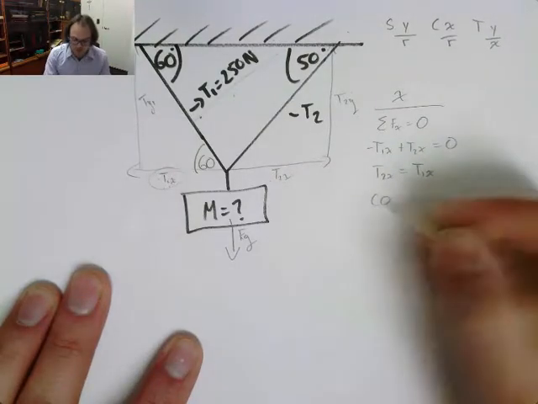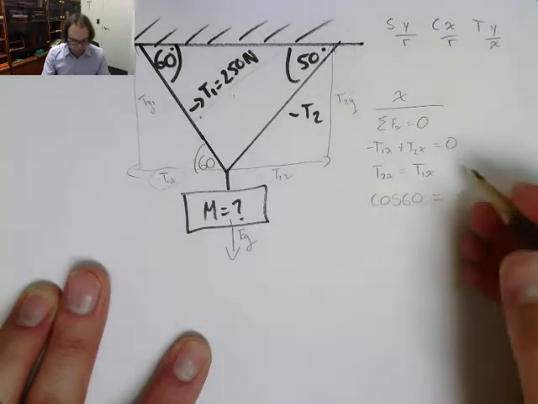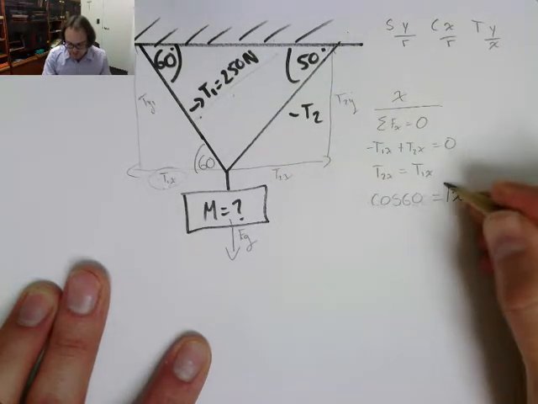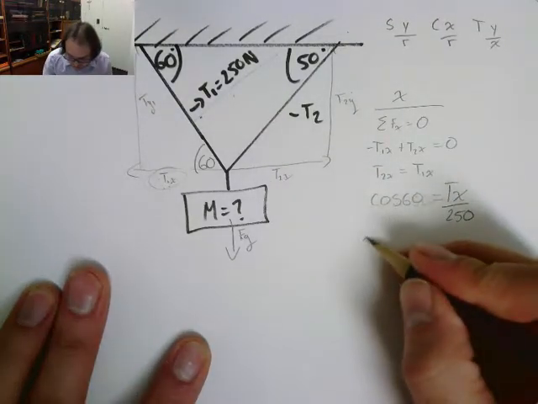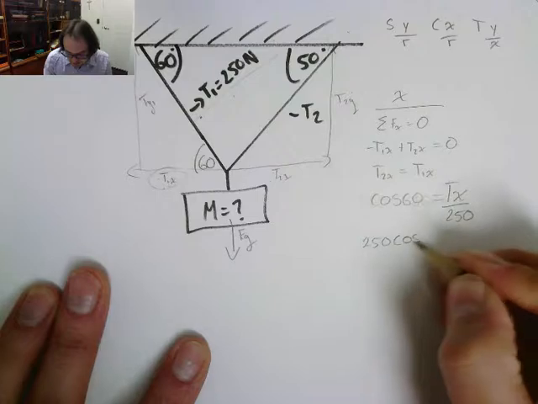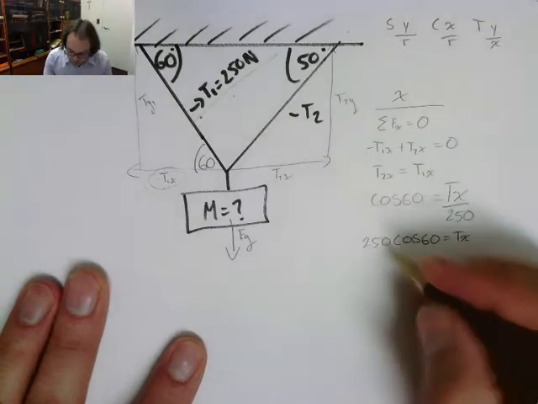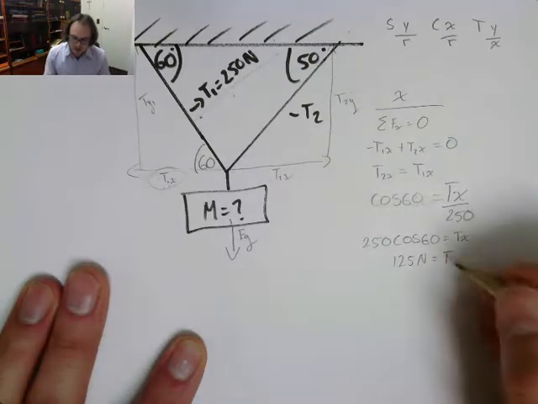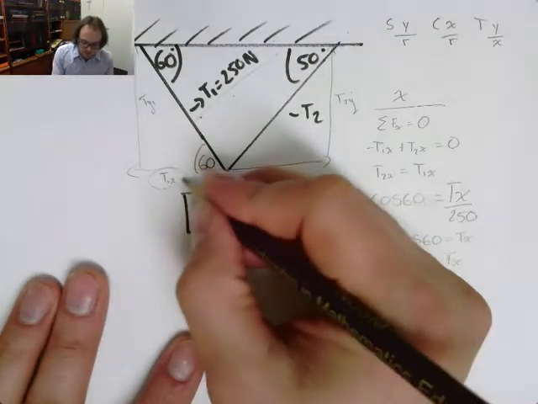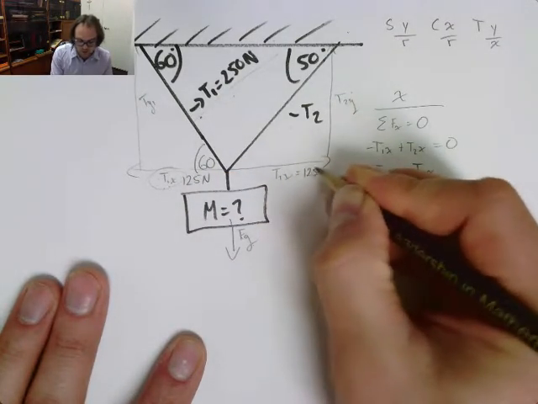So cosine 60 is equal to my x, that's Tx, divided by my resultant, which is 250. Rearranging this, 250 cosine 60 is equal to Tx. I work that out and get 125 newtons as my x value of the tension. So if this is 125 newtons, that means this here is also equal to 125 newtons.